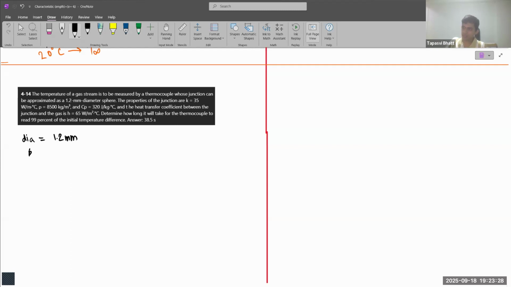K is 35, density is 8500, and Cp of the thermocouple is 320 joule per kg degree Celsius. The heat transfer coefficient H is also given: H is 65 watt per meter square degree Celsius. Determine how long it will take for the thermocouple to read 99% of the initial temperature difference.